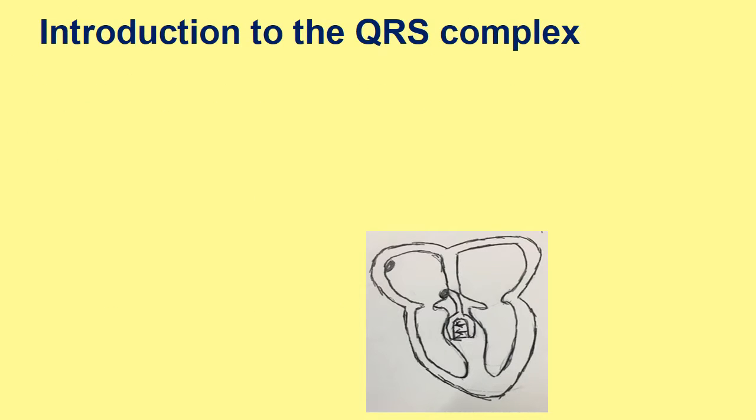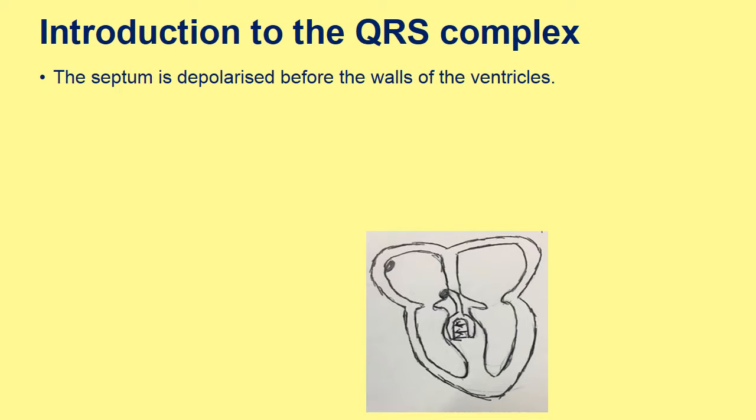So now let's look at the QRS complex. The QRS complex can actually be complex sometimes, so let's try to break it down. The first thing to know is that the QRS complex represents ventricular depolarization. Before the ventricles become depolarized, remember the wave of depolarization starts from the SA node, spreads to the atrium, then gets to the junctional node or AV node, and then goes to the bundle of His and then the bundle branches.